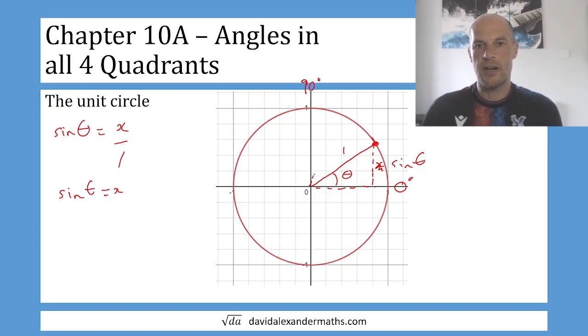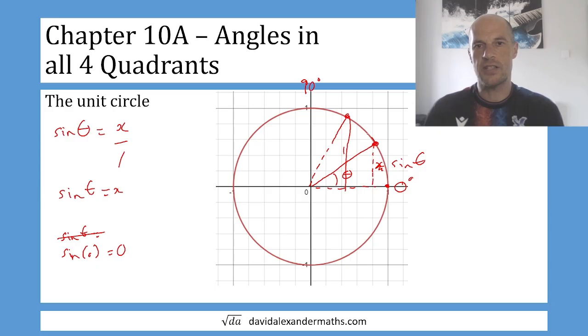If I were to slide that point up to here, then the height of the triangle has increased. If the point was here, then this triangle would have no height at all. So that is why the sine of 0 is 0, because this triangle would have no height.